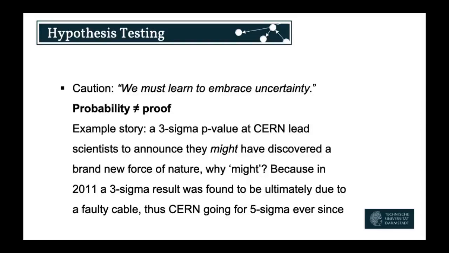So yeah, I really want to stress this point. We really must learn to embrace uncertainty. So probability is not equal to a proof, even though probability theory and so on has been nicely formalized over the last decades. I think a nice story: also what Christian always does with us, he always talks about CERN and CERN for AI and these kind of things.